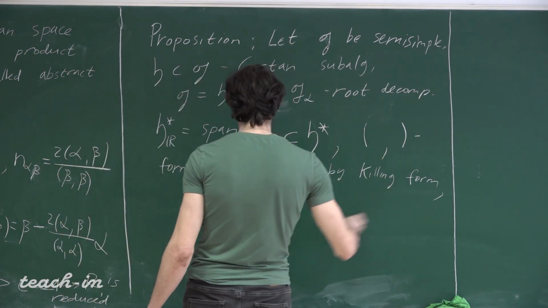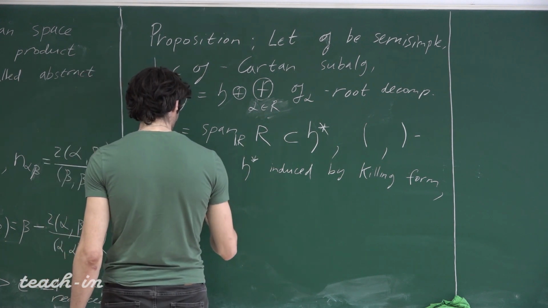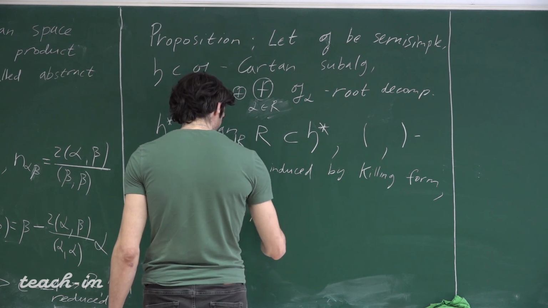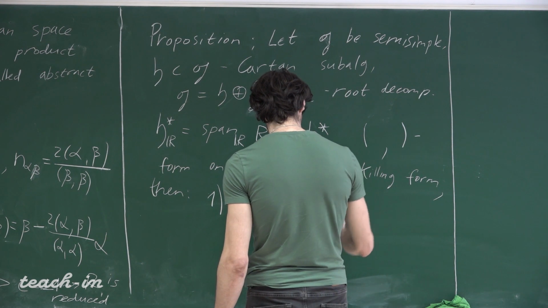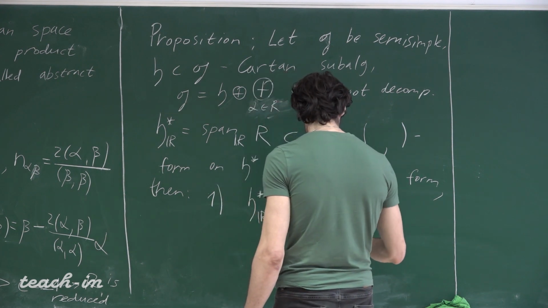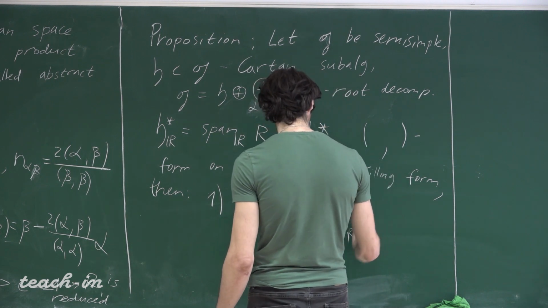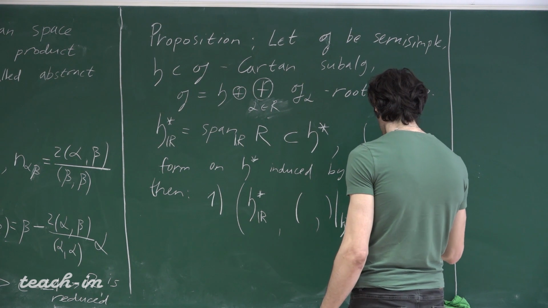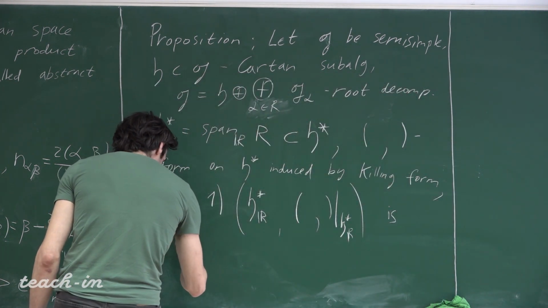Then, first of all, H star R together with this form restricted to H star R gives me a Euclidean space.